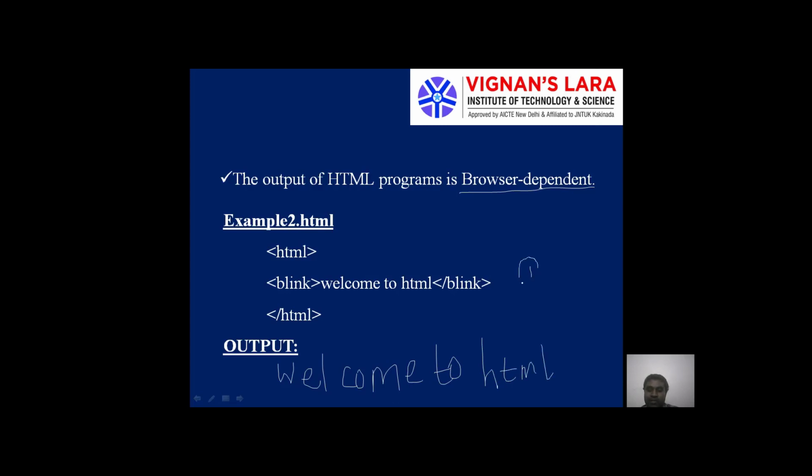In some web browsers you will get the output welcome to HTML with a blinking effect, whereas in some web browsers you will get the same output, but you won't get blinking effects, because HTML programs are always browser dependent. Whether you are running on Internet Explorer, Mozilla Firefox, or Google Chrome, your program output always depends upon what browser you are using.